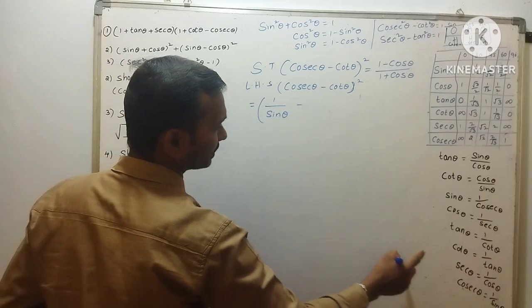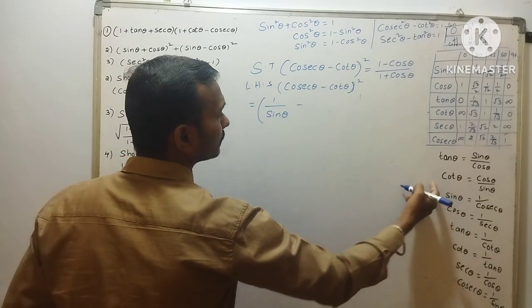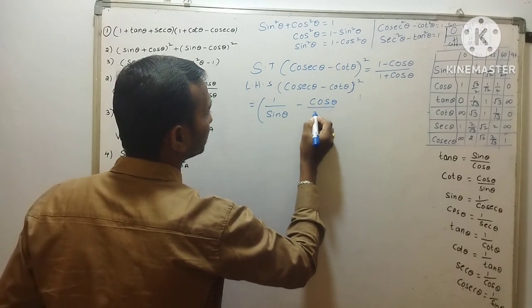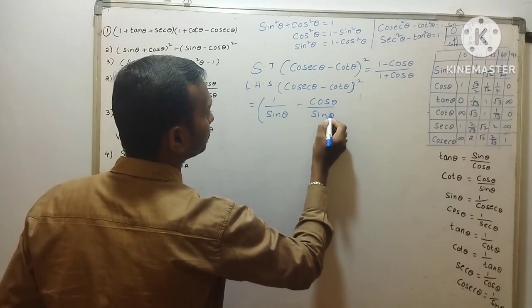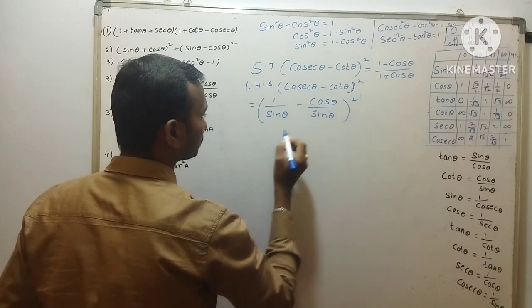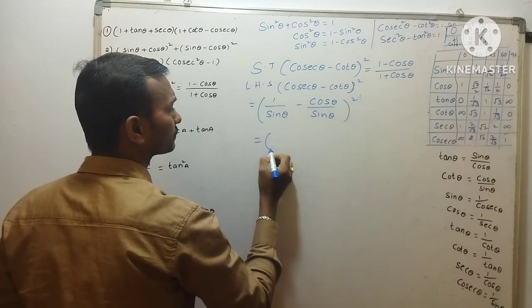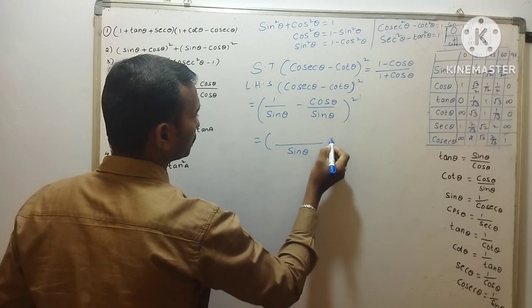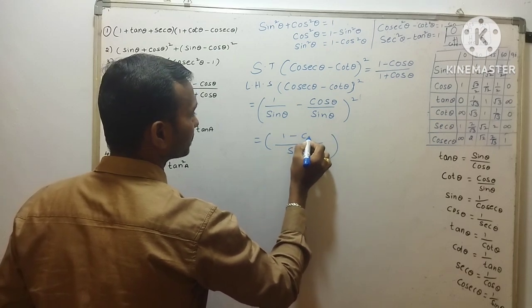Cot theta is nothing but cos theta by sin theta, whole square. Now you see, sin theta is the same for both the denominators, so directly we can subtract the numerators.